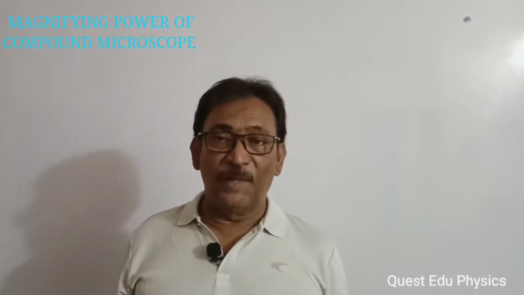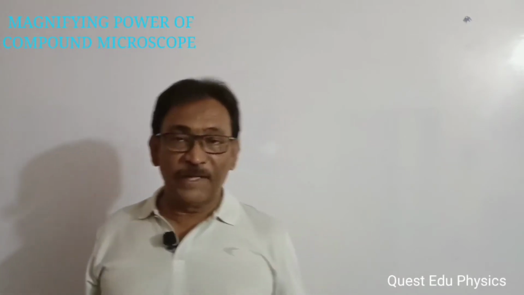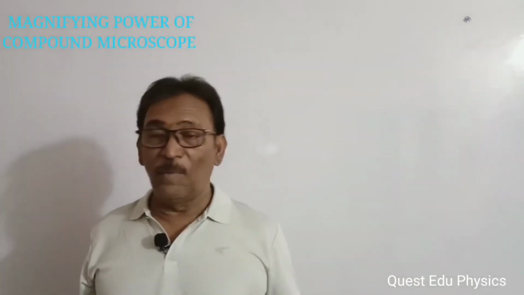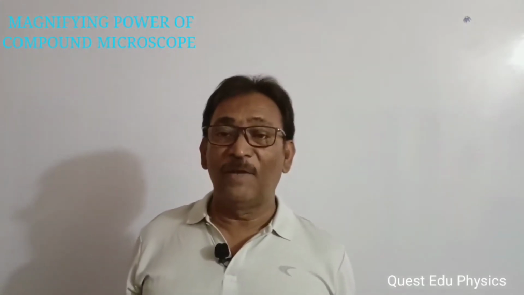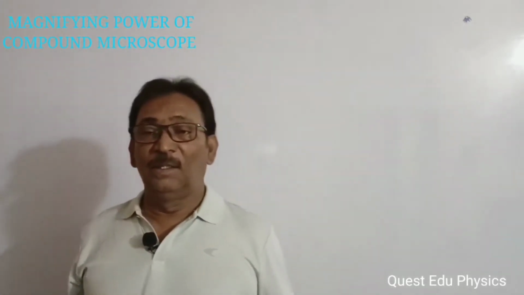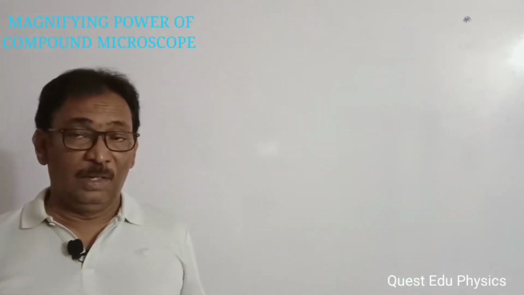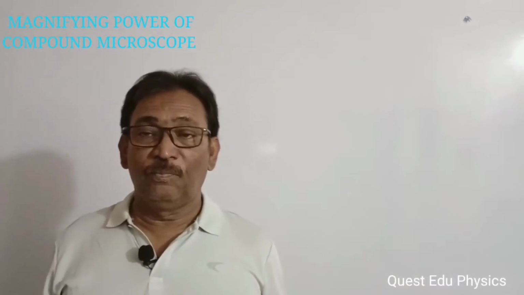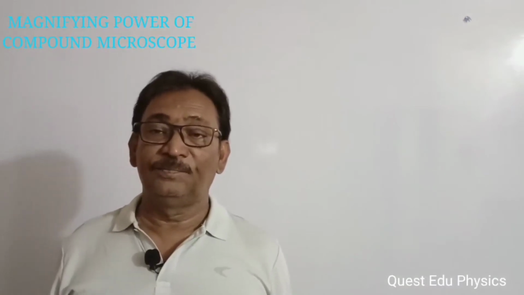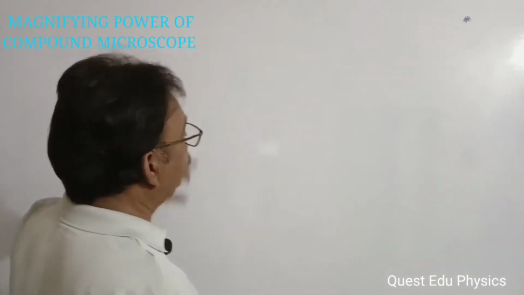This is the magnifying power. It is the definition of the magnifying power for a compound microscope. Roughly we can say magnifying power is nothing but the product of magnification produced by the objective and eyepiece. Let's go with the derivation, students.